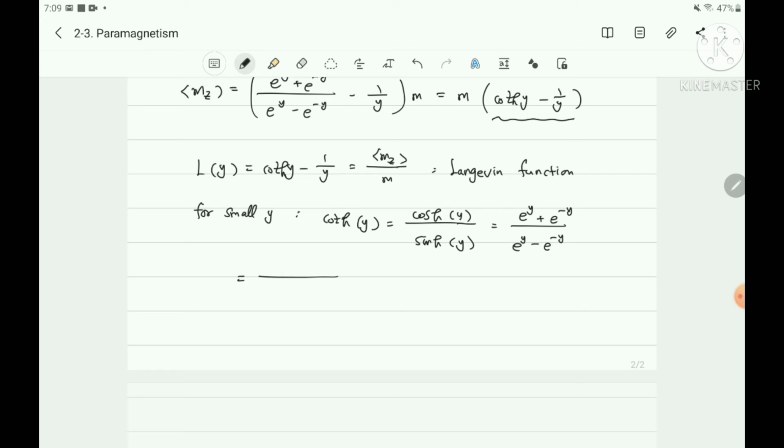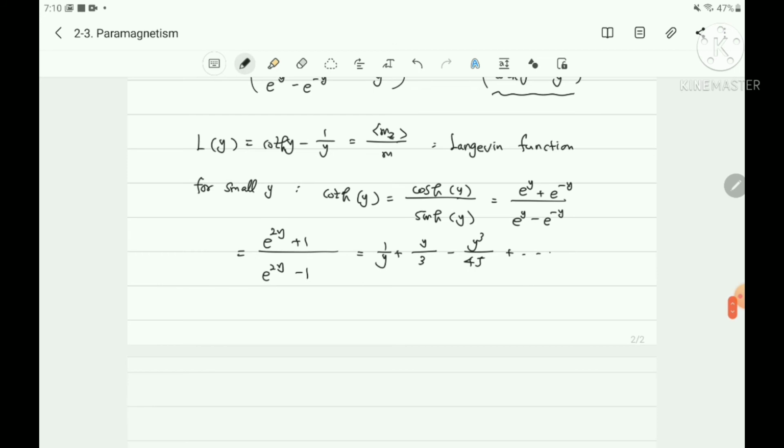When we multiply exponential y, it becomes exponential 2y plus 1 over exponential 2y minus 1, and from some mathematical manipulation it can be expanded like that: 1 over y plus y over 3 minus y cubed over 45, and so on.